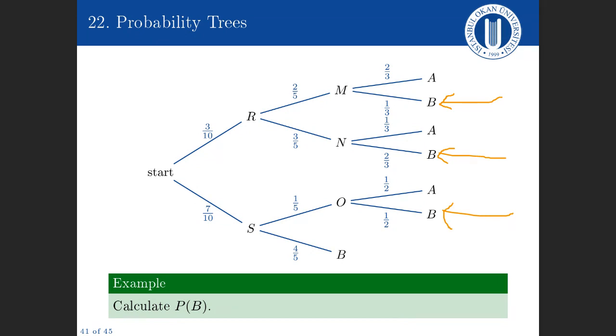We could have 3/10, 2/5, and 1/3. Or we could do 3/10, 3/5, 2/5. Or I could go to S, 7/10, and then go to O, 1/5, and then go to B, 1/2.